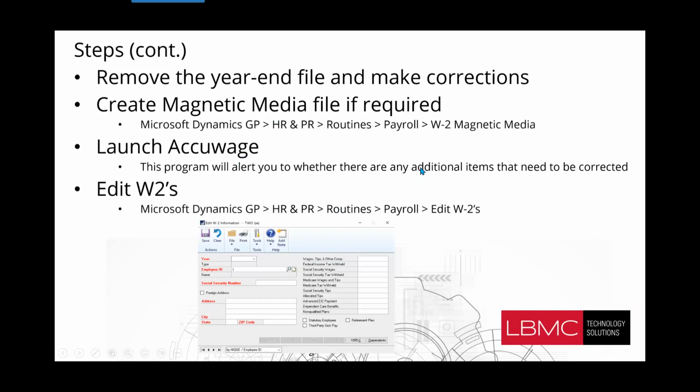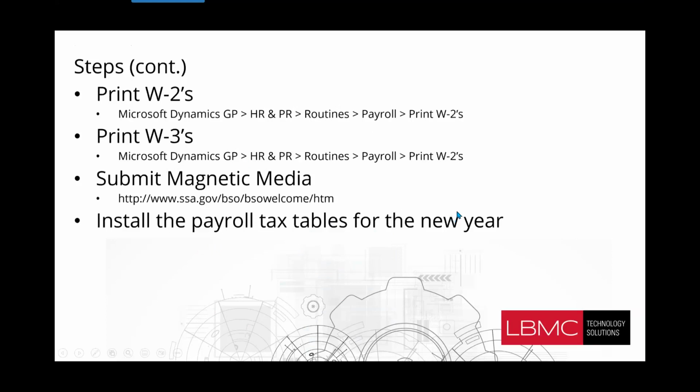If they send you something back, you want to go back and edit the W-2s, and I have a screenshot of where to do that. You want to print the W-2s. You want to print your W-3s. You want to submit the magnetic media, the final file, after you've done any edits and it's correct.